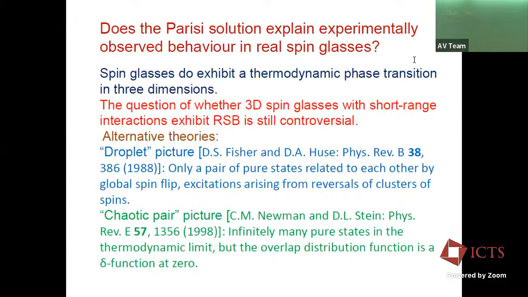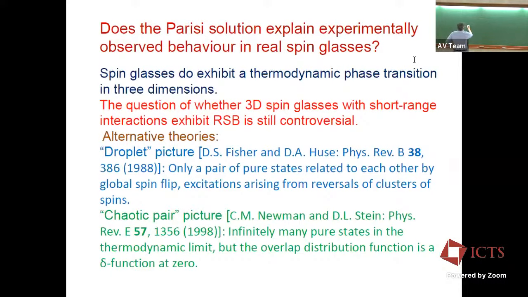then there is a characteristic excitation energy if you reverse such a cluster. I'm just saying that the cluster size is L in the sense that the number of spins in that cluster is L to the D. I'm not saying that these are very compact clusters, and I'm not saying anything about the boundaries and the fractal dimension of the boundaries. So this is a simplified picture.